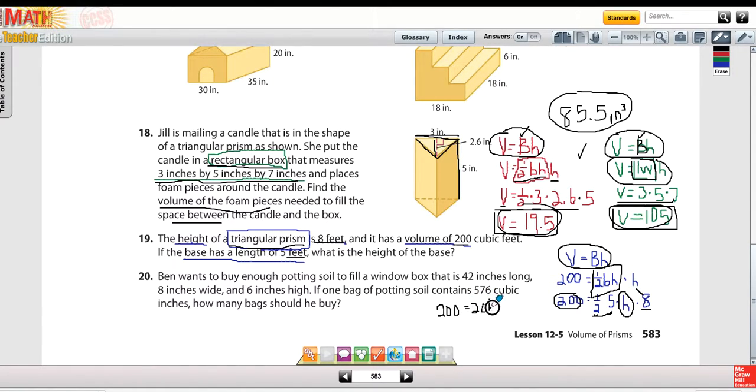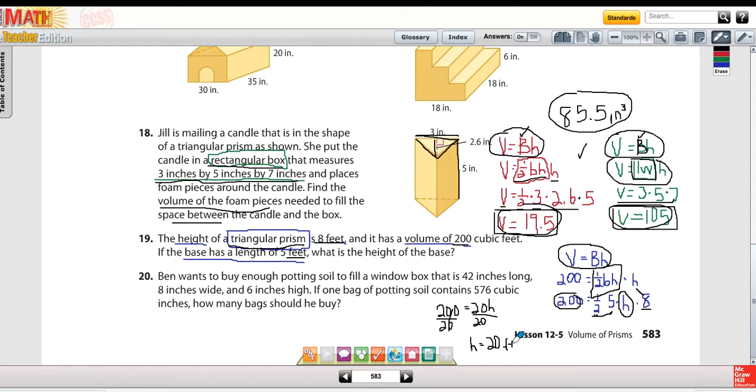And then if I want to isolate that variable h, I can divide both sides by 20, and then I get that the height, if I cancel out a common 0 there, I get the height is 20. And we are measuring in feet, so the final answer is 20 feet.